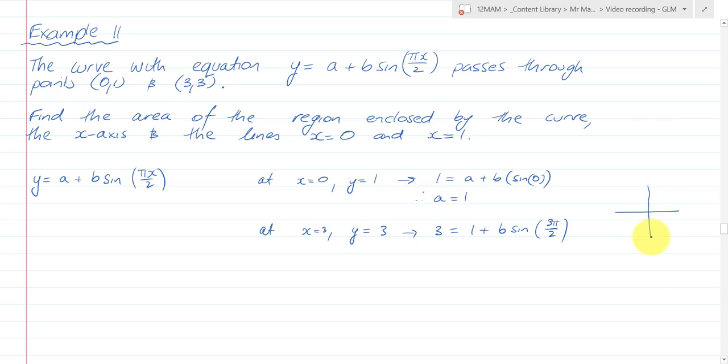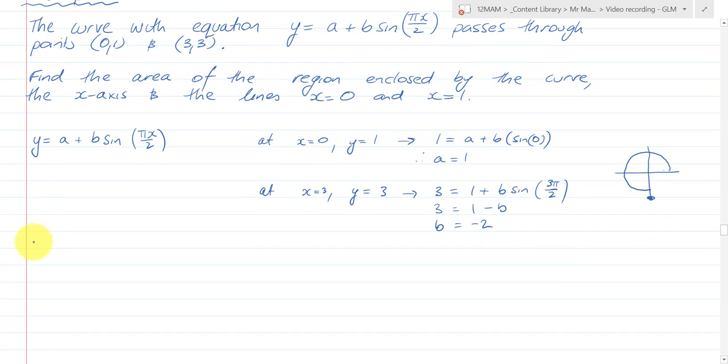Sine starts at 0, goes to 1, goes to 0, and then goes to negative 1. So at that point, sine is negative 1. That gives us 3 equals 1 minus b, and therefore b is equal to 1 minus 3, which is negative 2. And so we get y equals 1 minus 2 sine pi x on 2, and we're solving between 0 and 1.